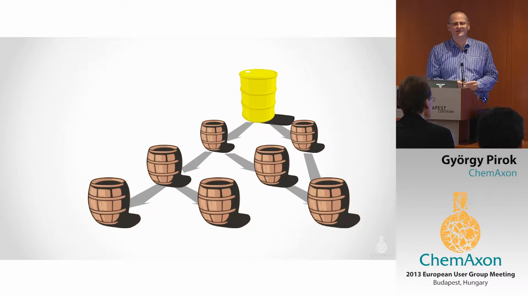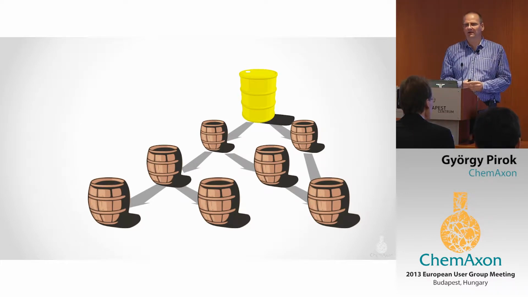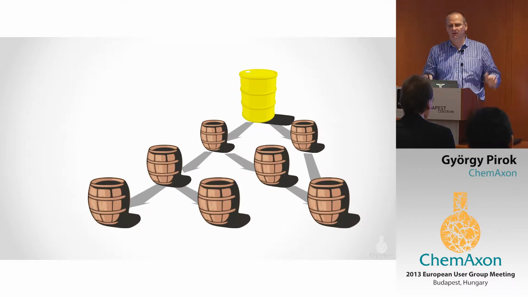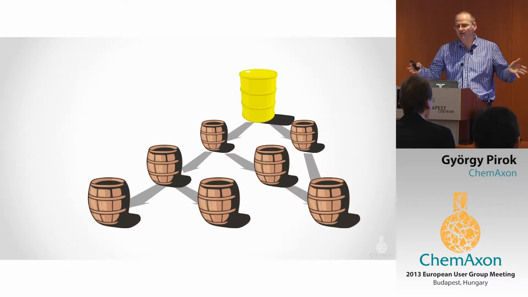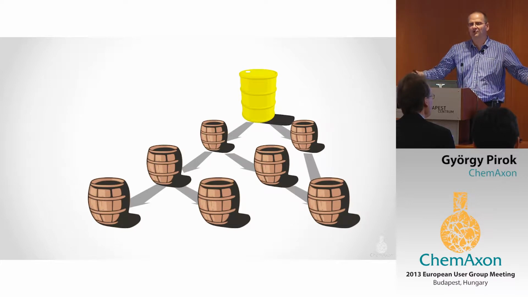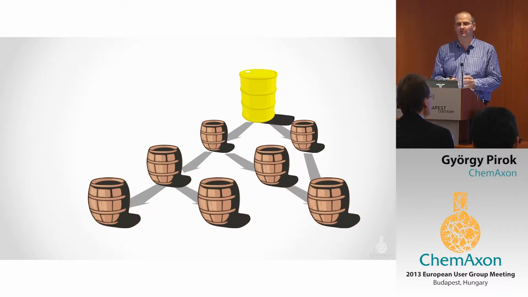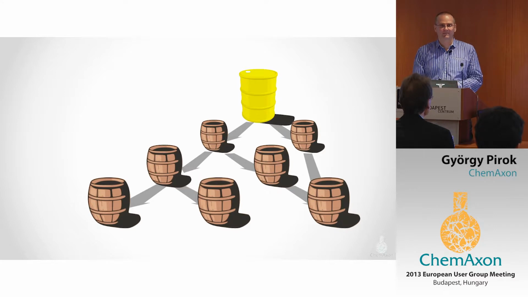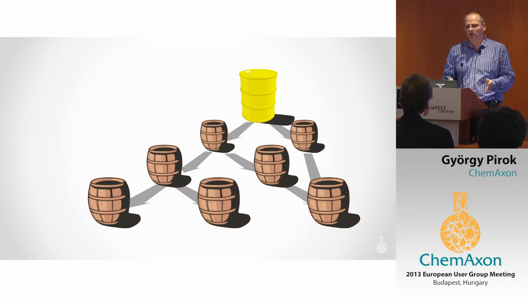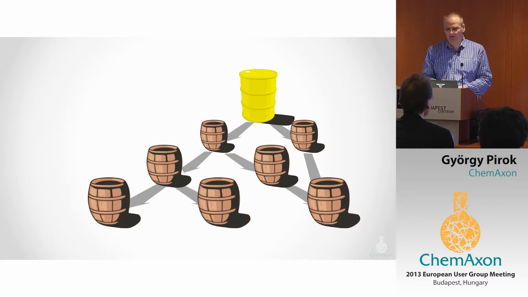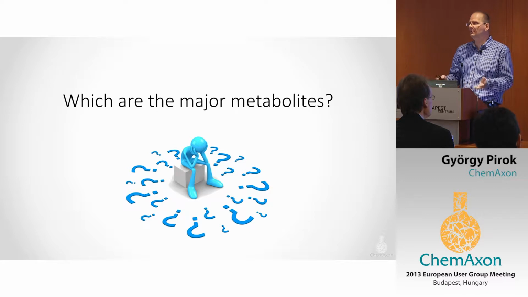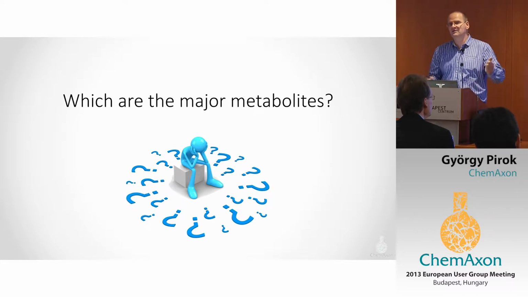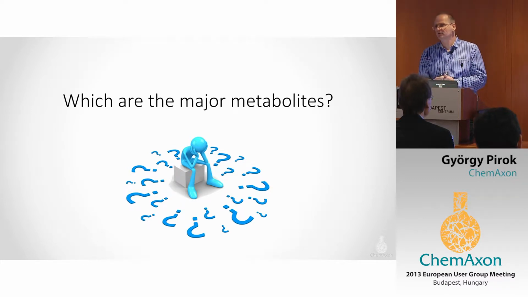Imagine, this is a simple model. Imagine a hill with a huge water tank on the top, where the water is the substrate. And pipes go down from that water tank to barrels, and the water can flow through some barrels or can accumulate in those barrels. But which are the major metabolites? What do we call a major metabolite? Of course, the one with the highest concentration detected.